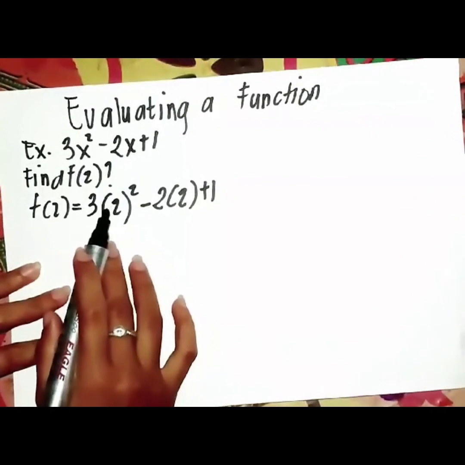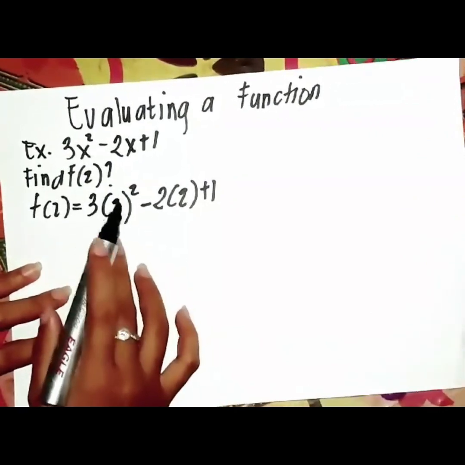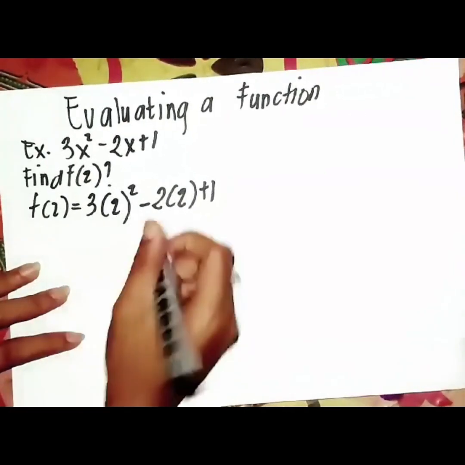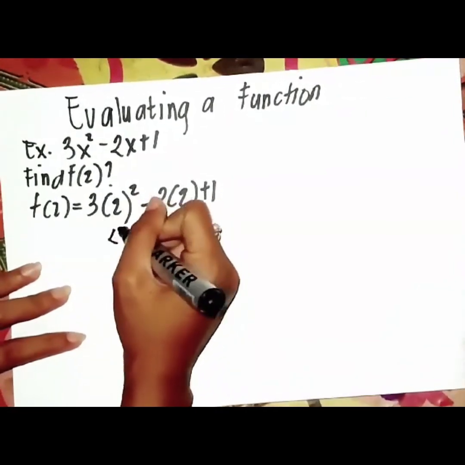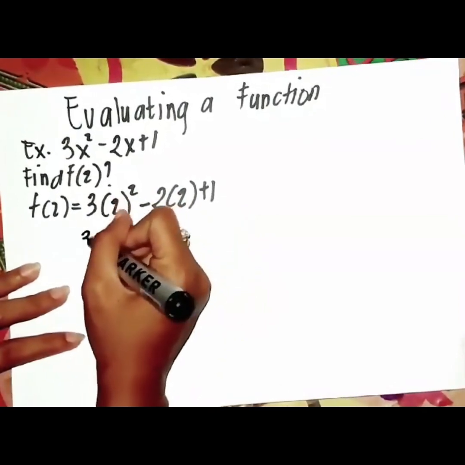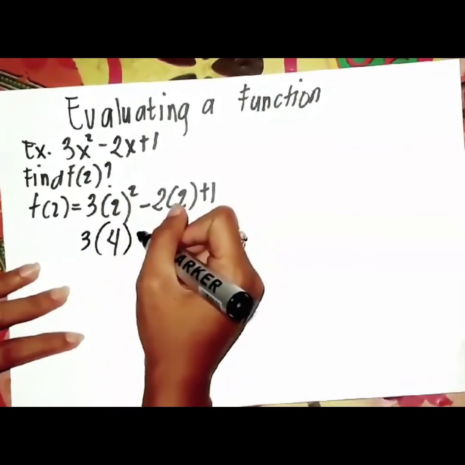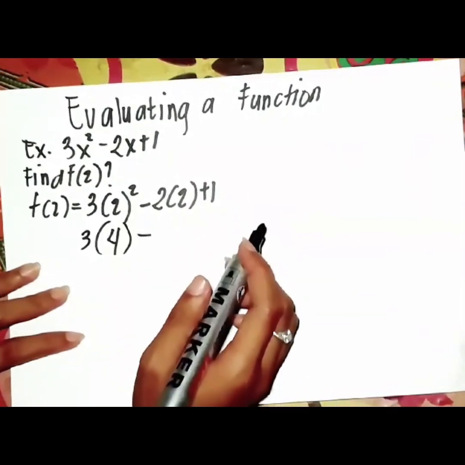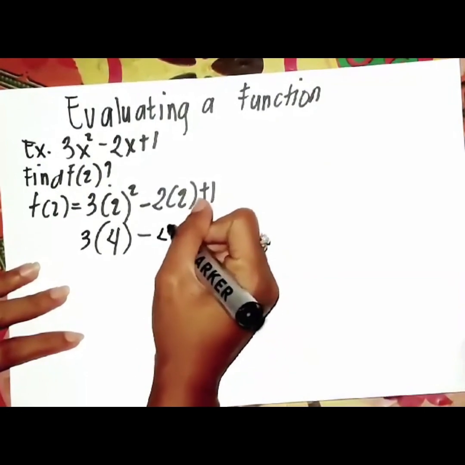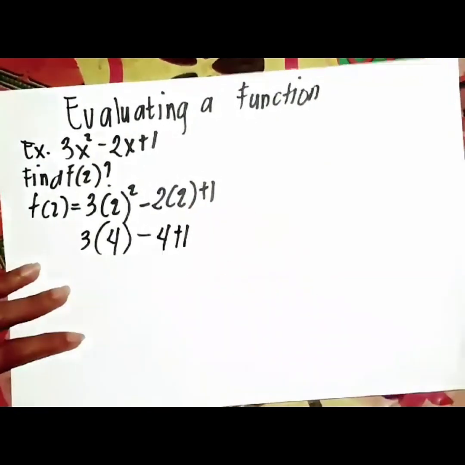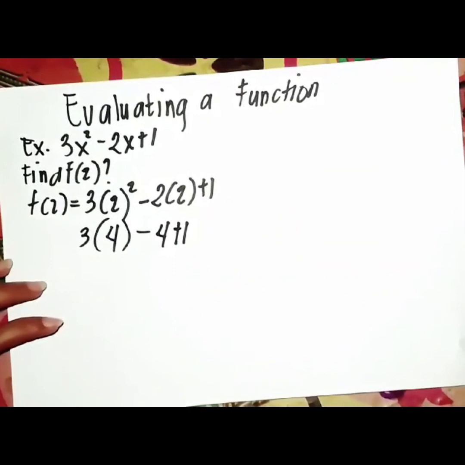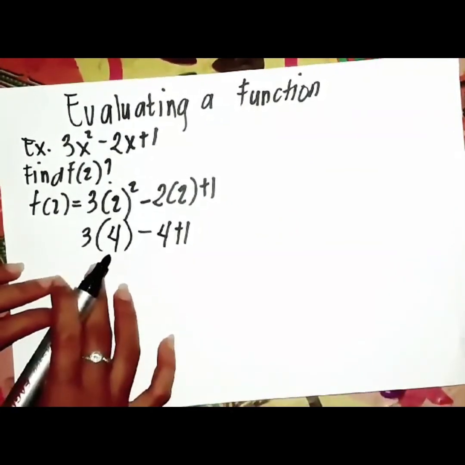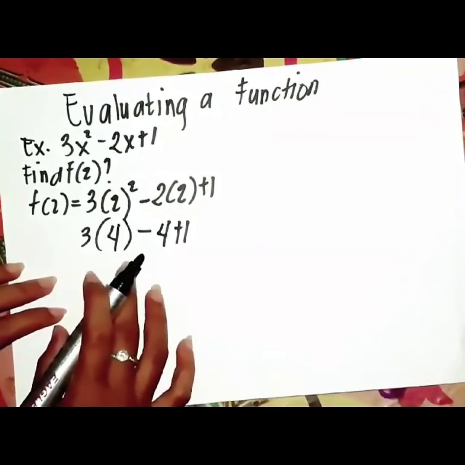We are going to multiply 2 times 2 first. So you write this: 2 times 2 equals 4. And write it: 3 times 4 minus 2 times 2 equals 4 plus 1. So you multiply 3 times 4.